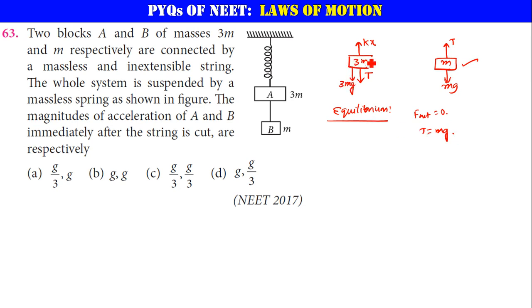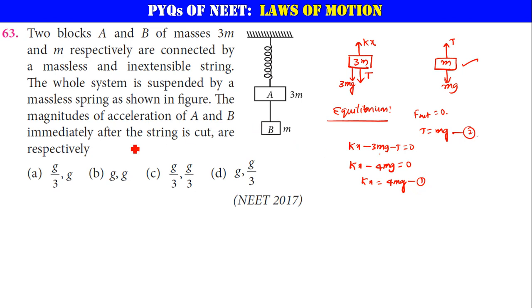Now on block A, if I apply F net equal to 0, then I get kx minus 3mg minus T is equal to 0. Tension is equal to mg, so 3mg plus mg is 4mg, kx is equal to 4mg. Just keep this information aside. Say this is equation 1 and this is equation 2.